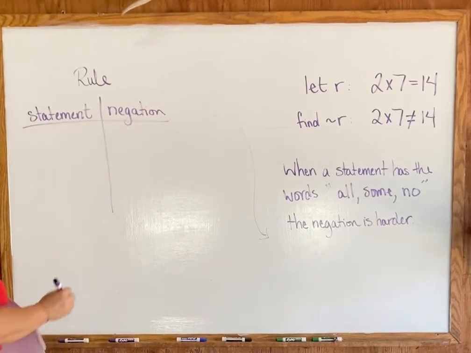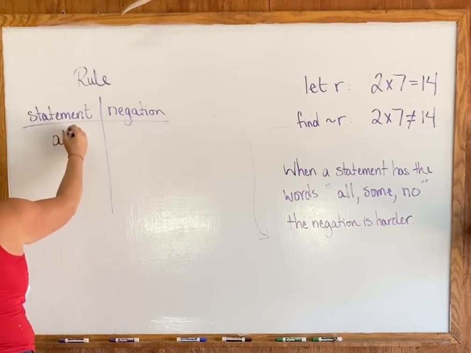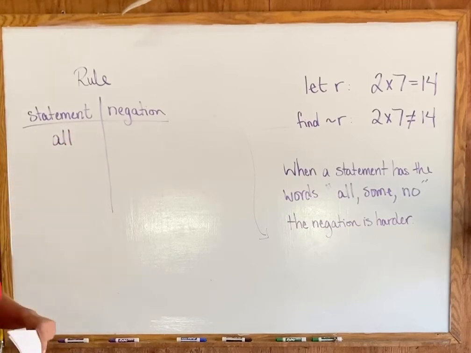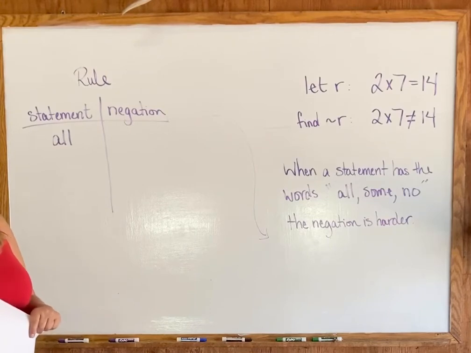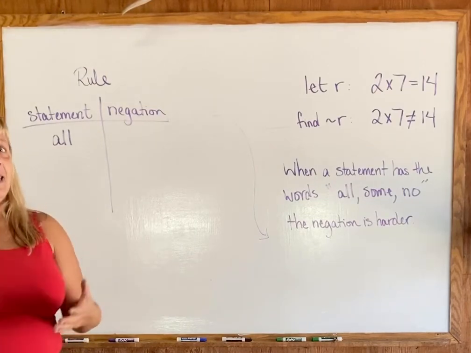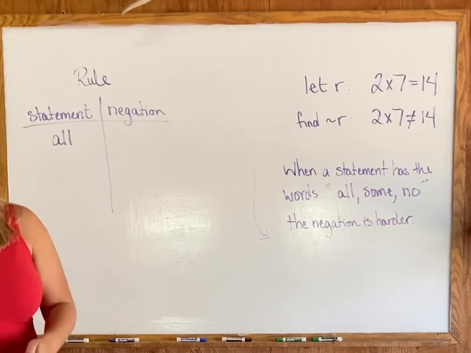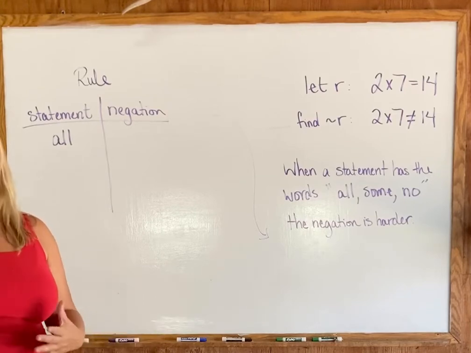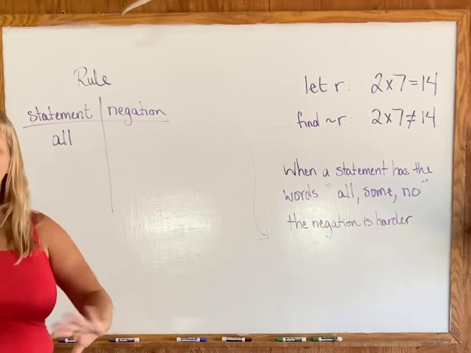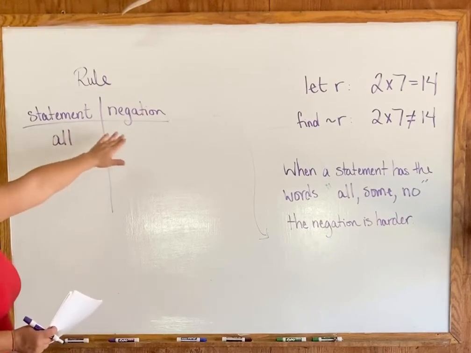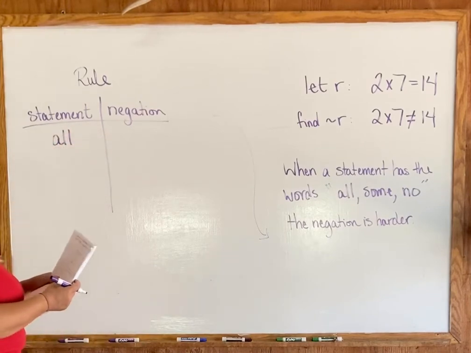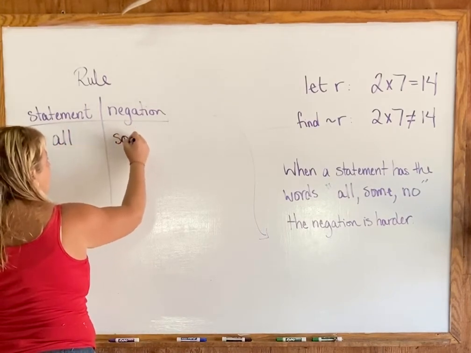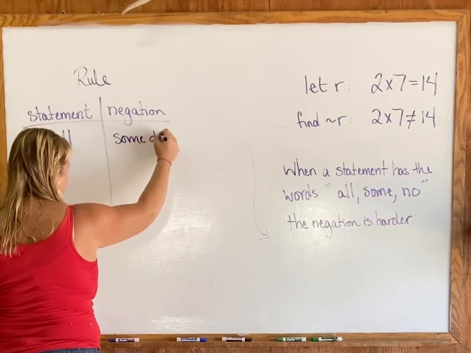So if a statement has the word all in it, and they ask you to take the negation, the negation of all is not none. I know that's what we kind of think, all or none, but there's a whole bunch of in between. So the negation of the word all is going to be some don't.